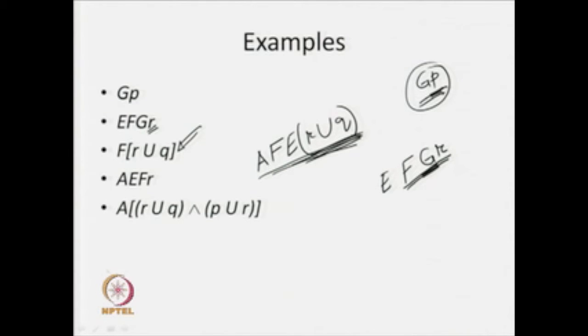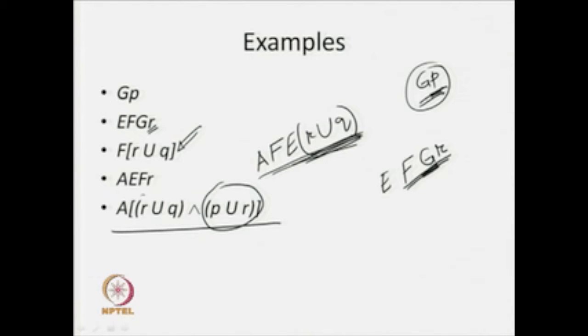With a similar argument, you can say that expression 4 or expression 5 is also not a CTL formula. Apparently you may find that this is a CTL formula, because it is preceded by the path quantifier A. But if you look component-wise, first look into P until R. This is a temporal formula, but it is not CTL, because this until is not preceded by any path quantifier.